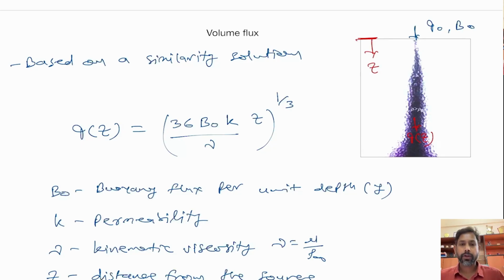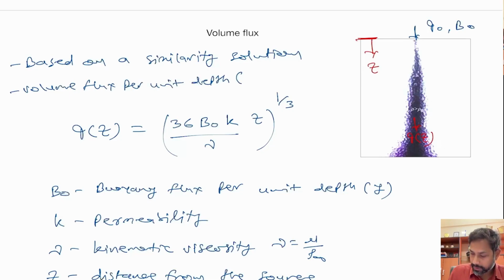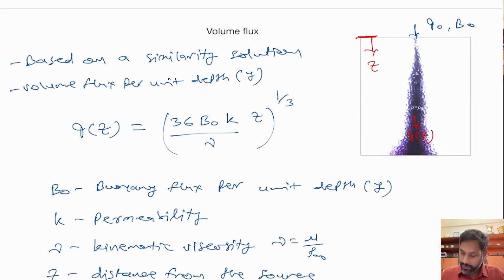And you can see how the volume flux of the plume is increasing with the 1/3 power of Z. Okay, and we need to note that this volume flux is per unit depth, and that again is the y direction. So this will give you Q in meter square per second, not in meter cube per second.